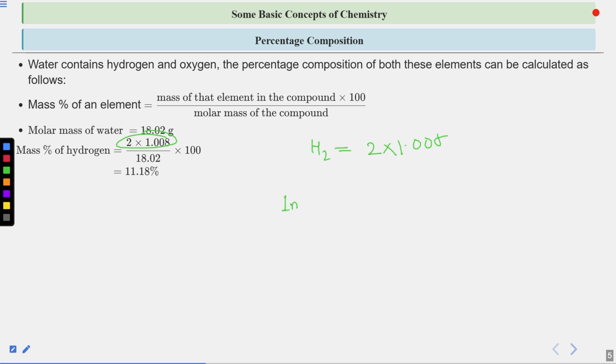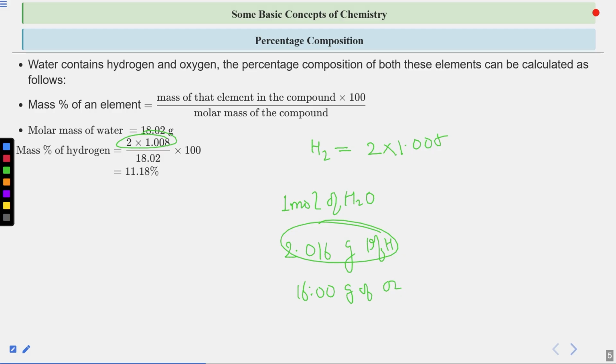So if you consider 1 mole of water, okay, then in that 1 mole of water, we have 2.016 gram of hydrogen and 16.00 gram of oxygen. So we are just trying to calculate this contribution.